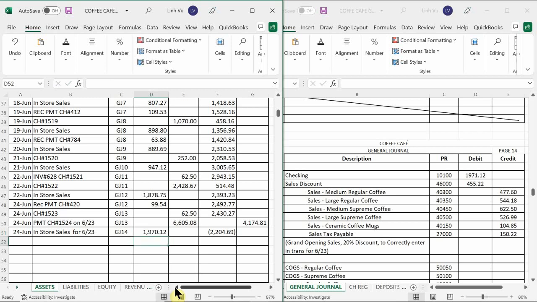So you should still be in the negative here, because that check for $6,605.08 was a big one, and we still didn't have enough money at the end of the day. But again, the transaction won't go through until the person receiving on the other end cashes this check out. So in this case, we're still okay.